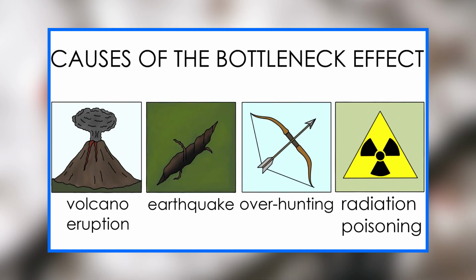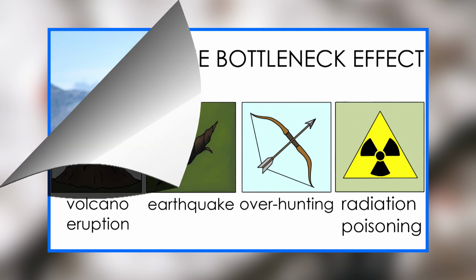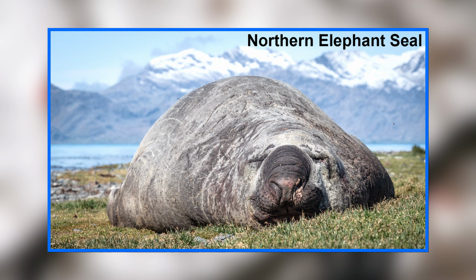This phenomenon is observed during natural disasters like droughts, volcanic eruptions, earthquakes, overhunting, forest fires, human activities, etc., leading to the death of most of the population. Northern elephant seals have reduced genetic variation, probably because of a population bottleneck humans inflicted on them in the 1890s.